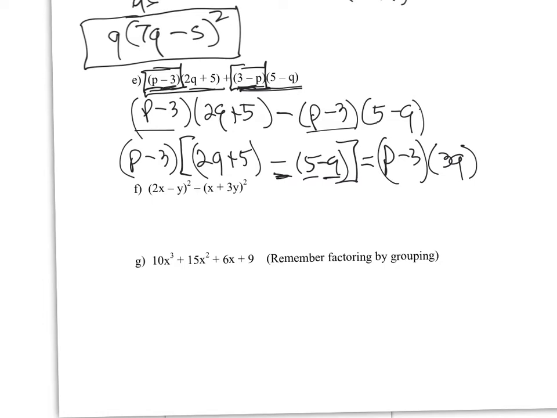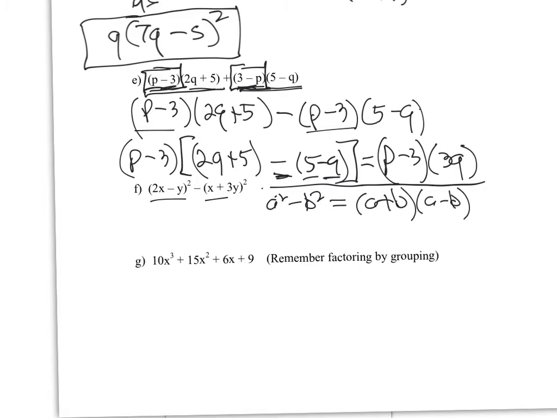Okay, next one here. Again, a little more complicated, but the thing to recognize is that we do have here an a squared minus b squared pattern. And again, we know that that factors to a plus b times a minus b, except in this case, our a is equal to 2x minus y, and our b is equal to x plus 3y.